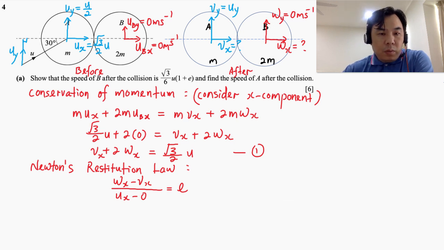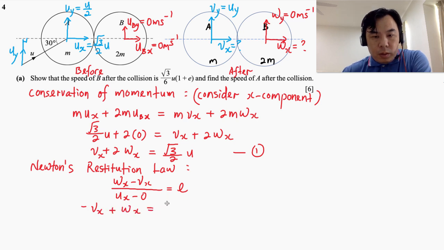Okay. So from here itself, we will be able to form the second simultaneous equation. You can see that I just rewrite it neatly. You can see that this is actually root 3 over 2 eu. Now that will be my second equation.